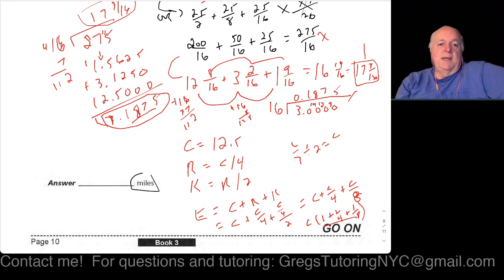Just remember the interim steps. Some students think 1 9/16 is the answer because that's figuring out the kayaking and stuff like that. No, that's not the way it's going. Some also think it's 12.5 plus 1/4 plus 1/2, but that's not the way the algebra works either.